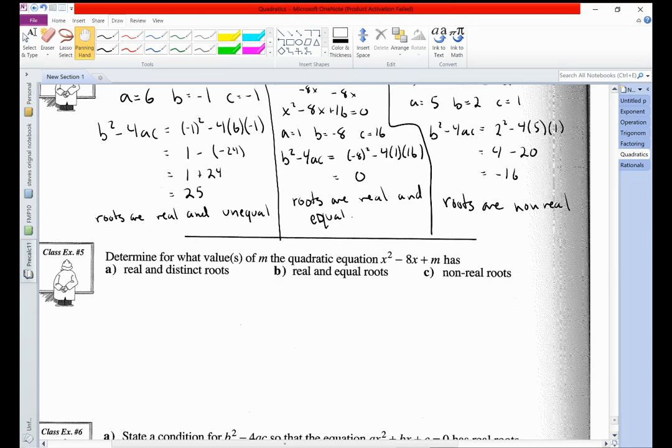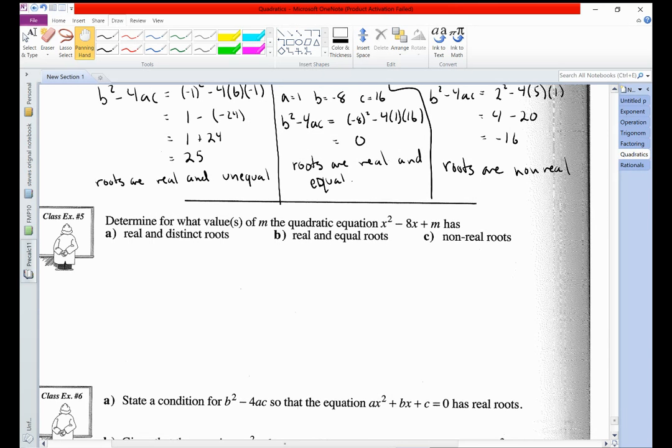Determine the value or values of m for which the quadratic equation x squared minus 8x plus m has to be real and distinct. So we know that if we want it to be real and distinct, we want a positive discriminant. In this case, our a is 1, our b is -8, and c is m.